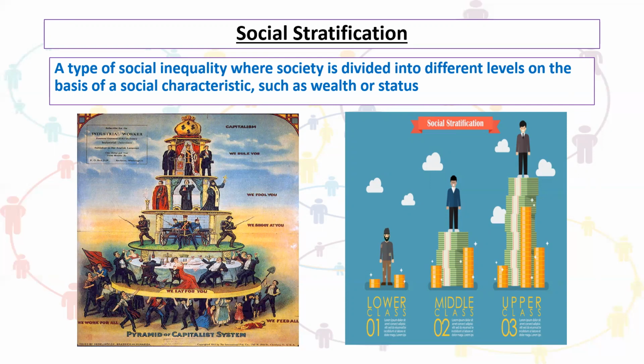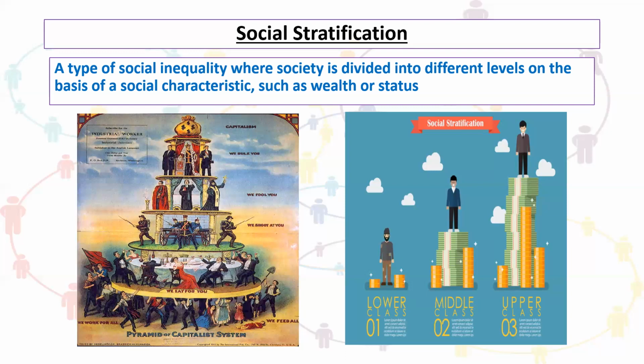Hierarchy is a really good word to think about here, in terms of it's about levels, and it's about the organization and arrangement of those levels within society. So just read it through again as you're noting it down.